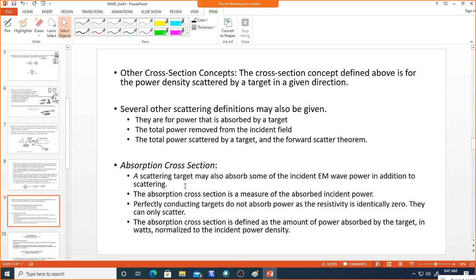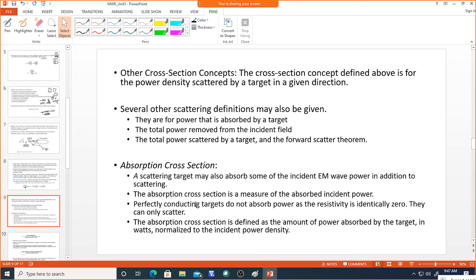The scattering target may also absorb some of the incident EM power in addition to scattering, which depends on the material. The absorption cross section is a measure of the absorbed incident power, so you can measure how much incident power is absorbed.